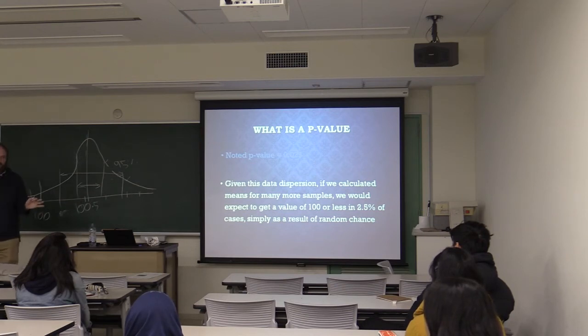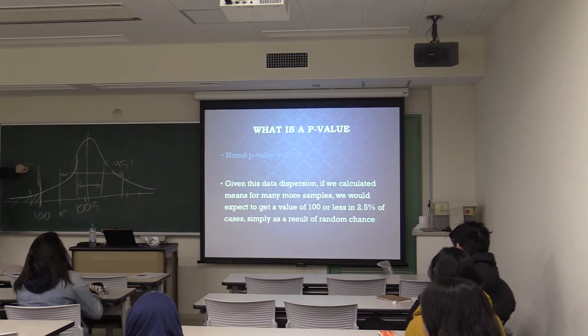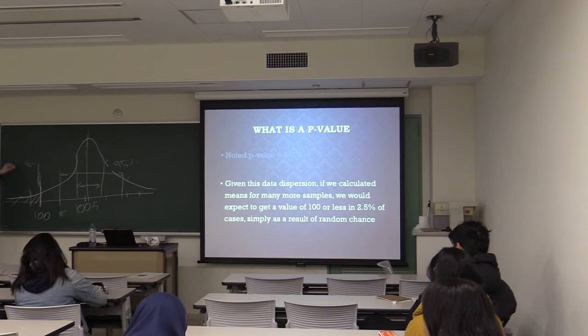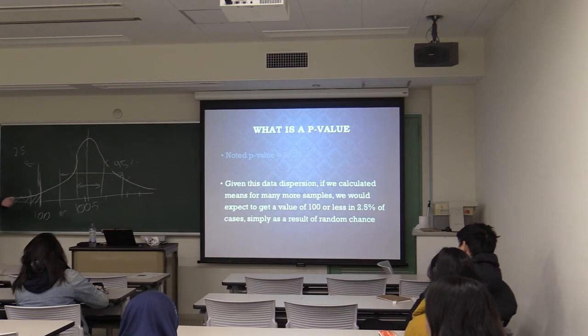But if we assume that our 100 pills is representative, we might calculate a mean down here, but we would expect any value of less than 100 only rarely. If we measured the mean 100 times, we would expect 2.5% of the means to be 100 or less, just as a result of random chance.